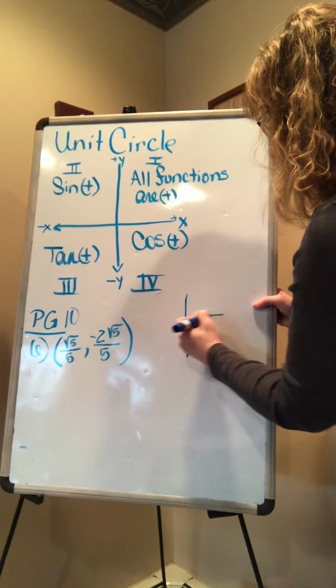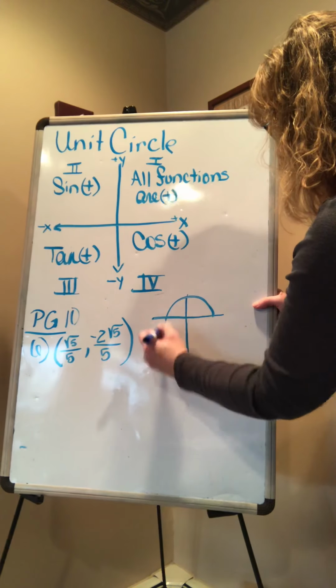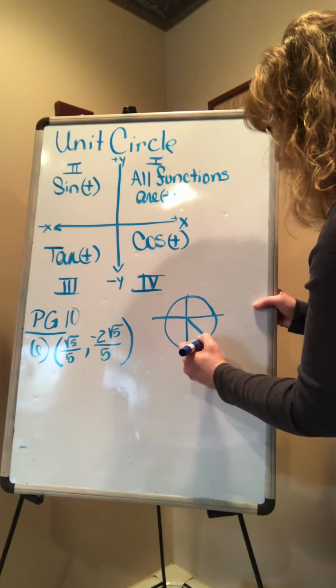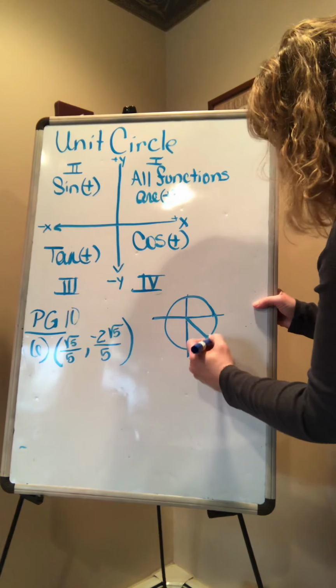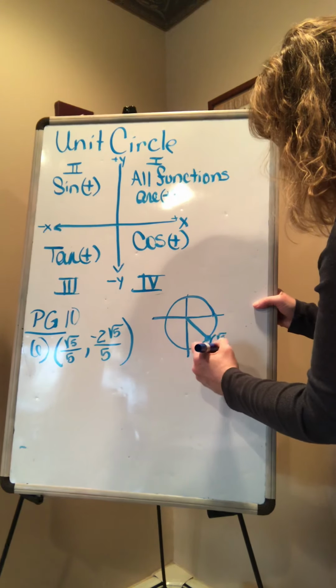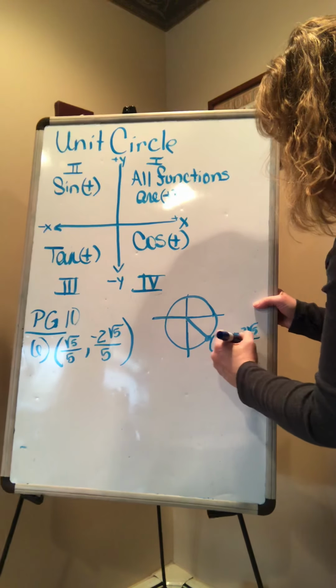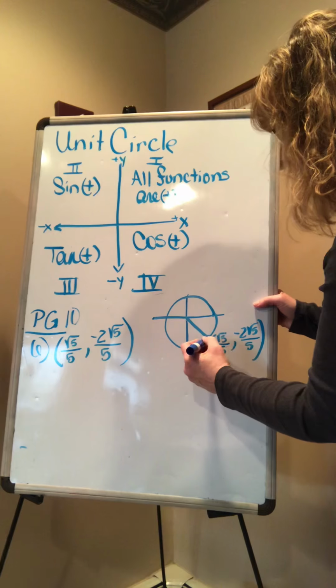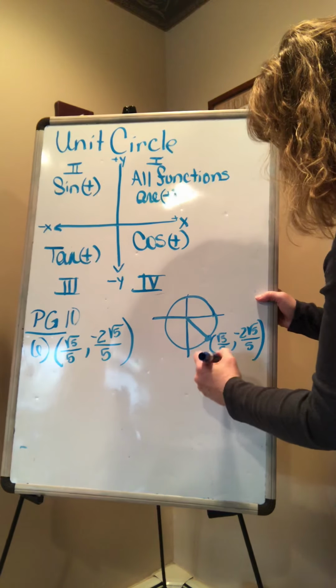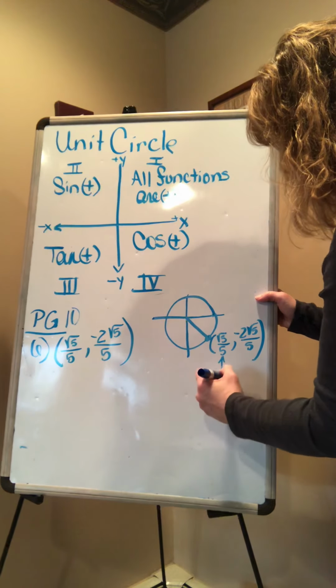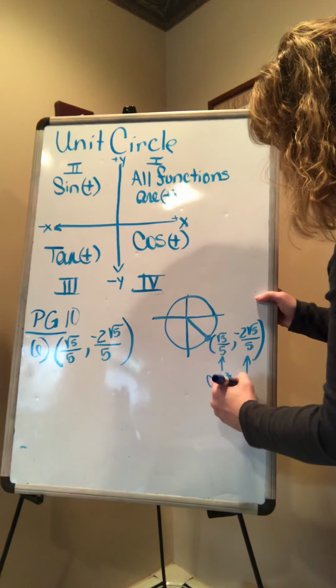If I were to draw my unit circle, and notice I'm really focusing on the point, this is the point rad 5 over 5, and this is negative 2 rad 5 over 5. So this point here, this is my cosine, and this is my sine.